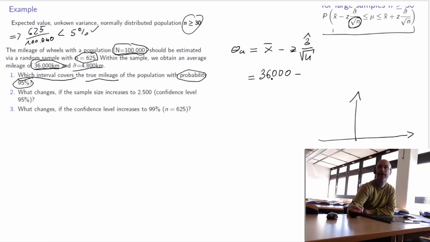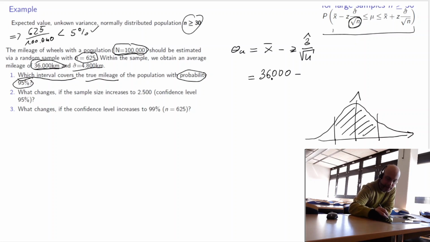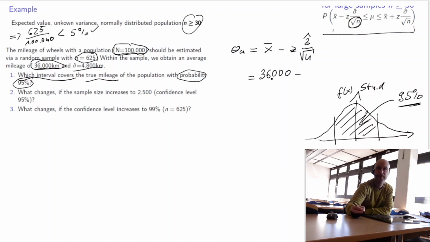And for this, I really recommend that you keep this diagram in mind. Standard normal distribution means that we are looking for the interval where this area here is 95%.